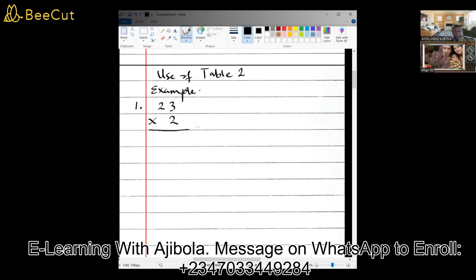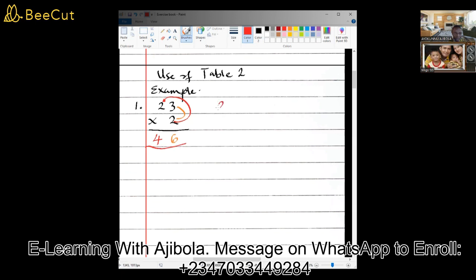Now, what is 2 times 3? 6. Good. Then you write it down like this. Is that clear? Then the next one, what is 2 times 2? 2 times 2 is 4. Good. Now you see why you need to know your multiplication table, right?